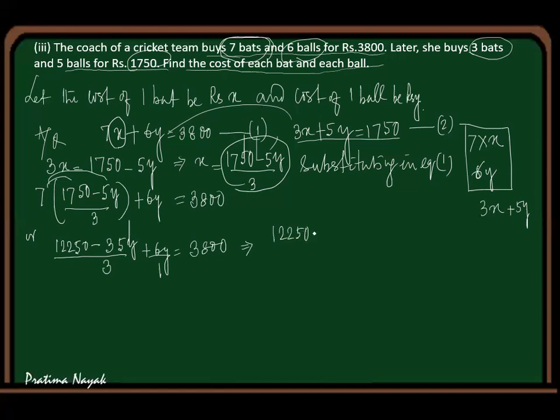Again simplifying a little bit on the left side, I'll get (12250 minus 35y plus 6 into 3, 18y) whole upon 3 is equal to 3800.